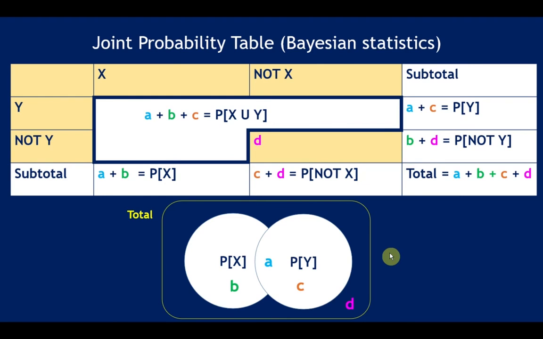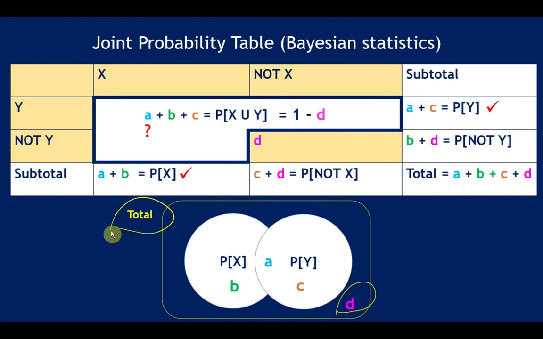So to calculate a plus b plus c is difficult if you don't know a. However, what you can do is, if you know d is not x, not y, then you can just take the total minus d, which will give you a plus b plus c.